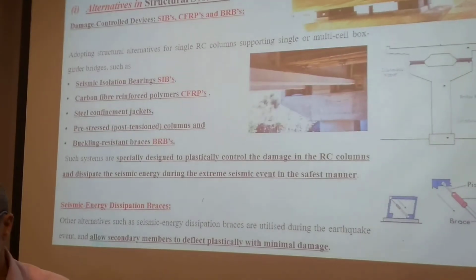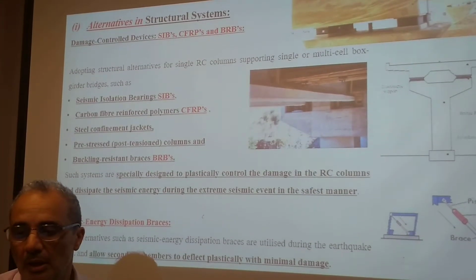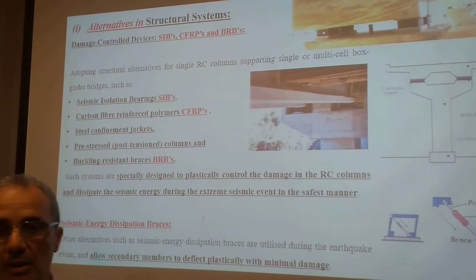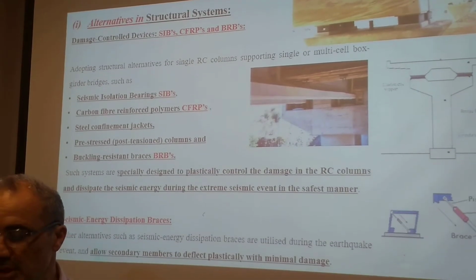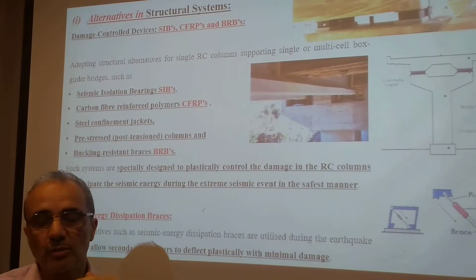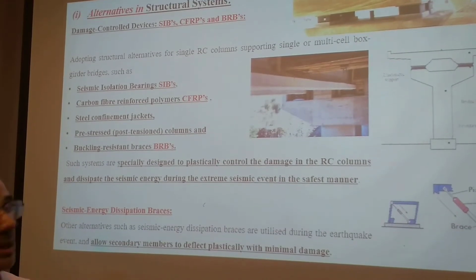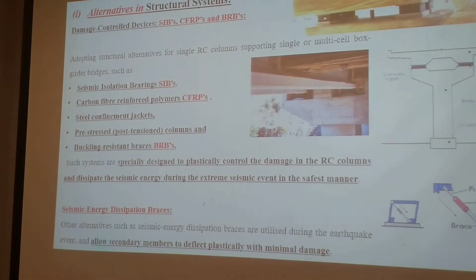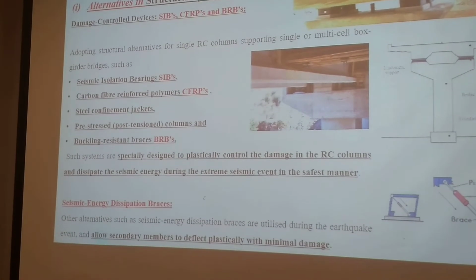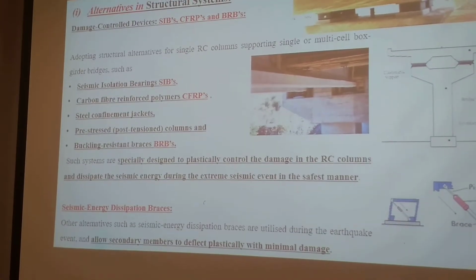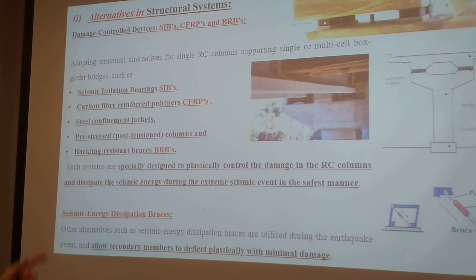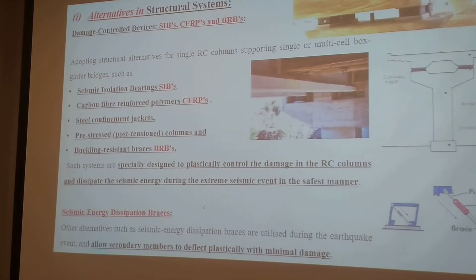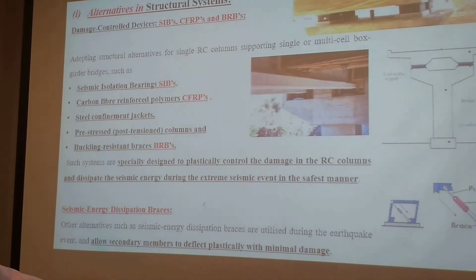So, in terms of alternatives in structural systems, an engineer can think about other alternatives in the connection between the superstructure and the substructure, such as seismic isolation bearings, carbon fiber reinforced polymers, buckling resistant braces, and even seismic energy dissipation braces.